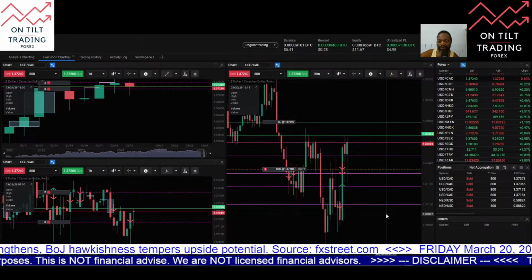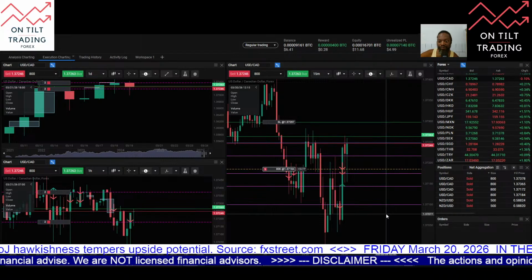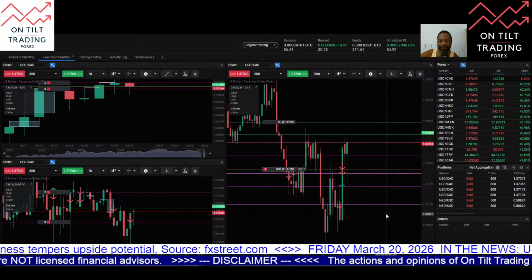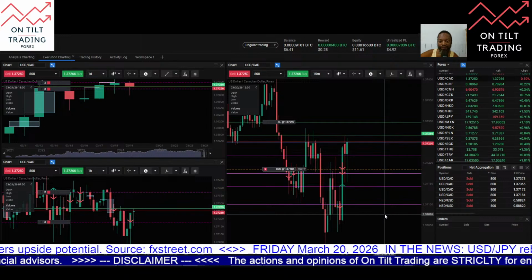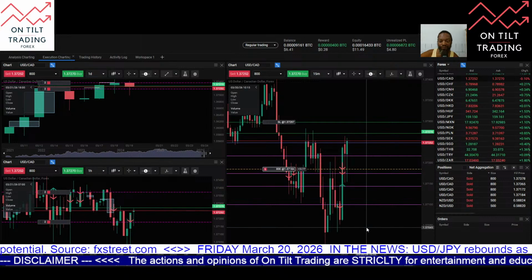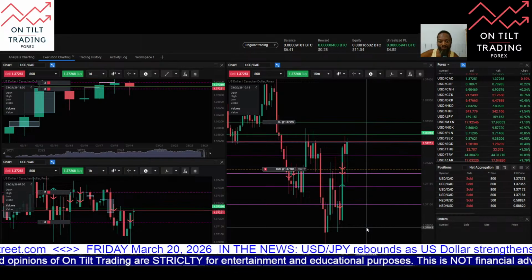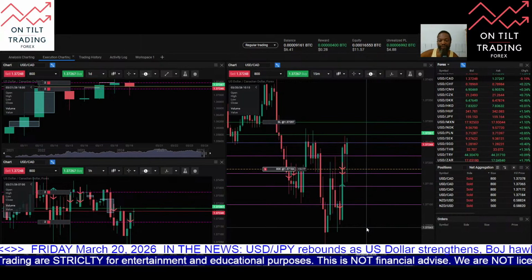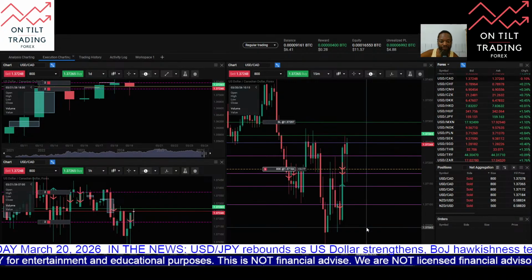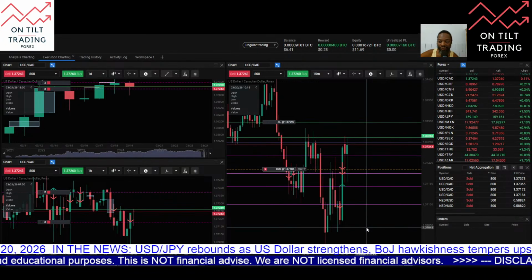So price seems to be reacting up here at this 137,250 level. But it definitely seems to be bullish with intent, trying to deliver here to the buy side.